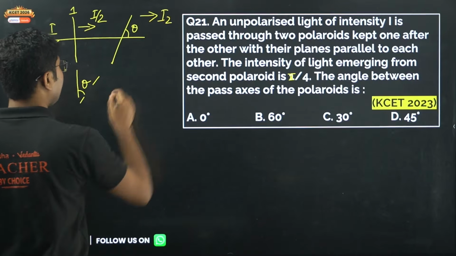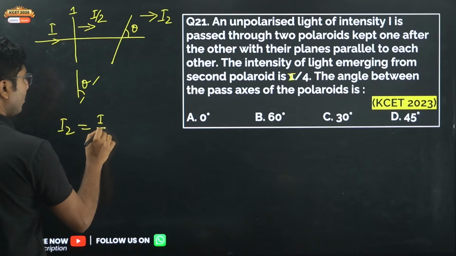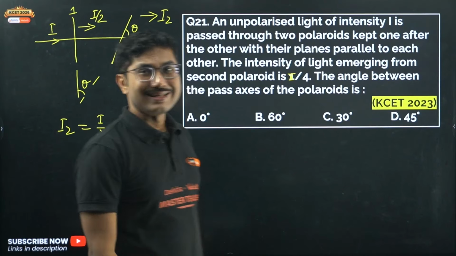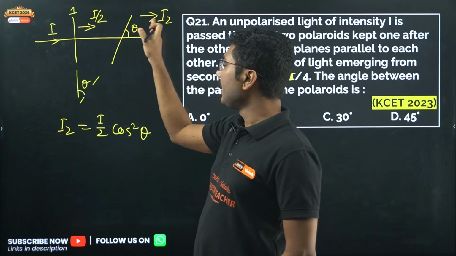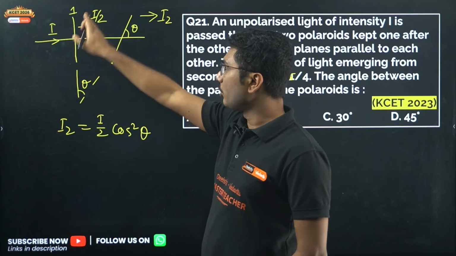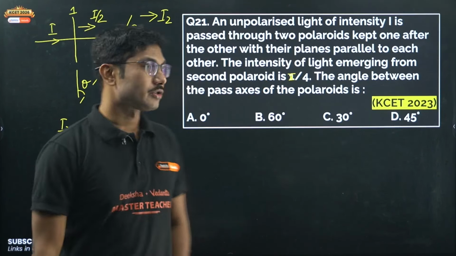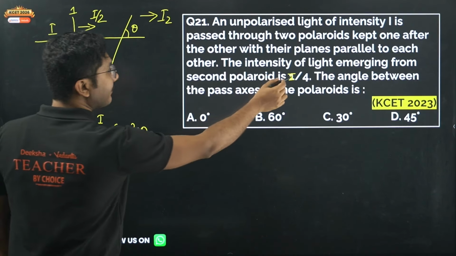This will be I2 equals I by 2 cos square theta. This is Malus law. The intensity with which it enters is already polarized, so whatever is the angle between the polarizing Polaroid and the analyzing Polaroid, we get cos square theta. And this I2 is given as I by 4.